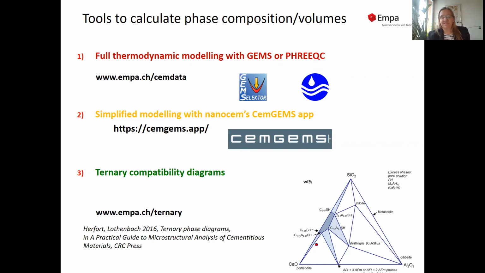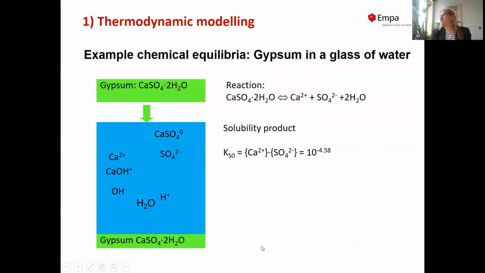You can use a simplified modeling approach based on NanoSEM's SEMGEMS app, or you can use ternary compatibility diagrams, as documented in this book chapter in a practical guide to microstructural analysis of cementitious materials. I want to give you a short overview about each of them.